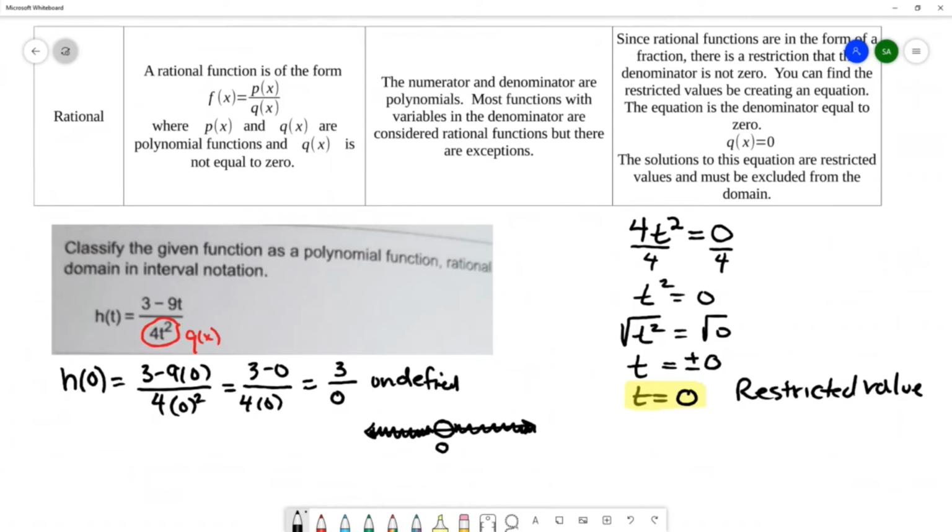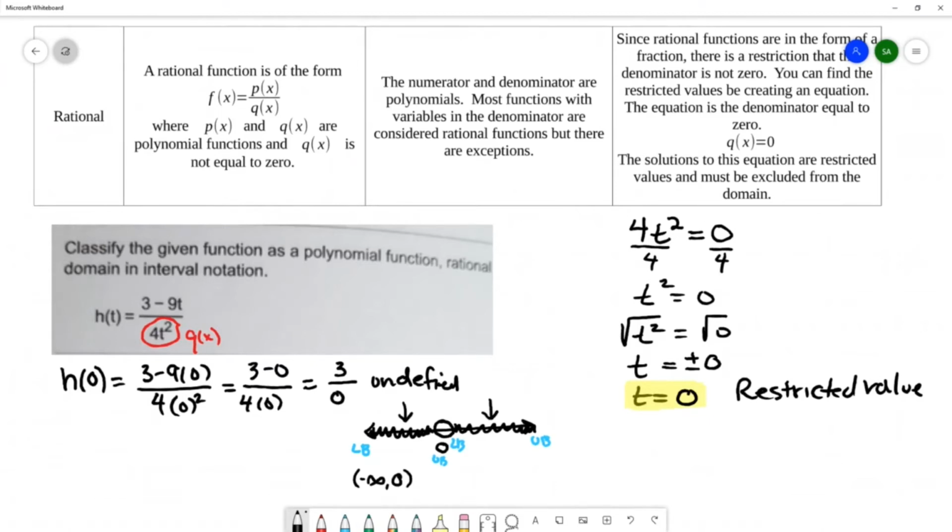Then I'm going to use interval notation to write down each one of these intervals. I want to find the lower bound and the upper bound for that first interval, and the lower bound and the upper bound for the other interval. For the first one, the lower bound would be negative infinity, and the upper bound would be 0.